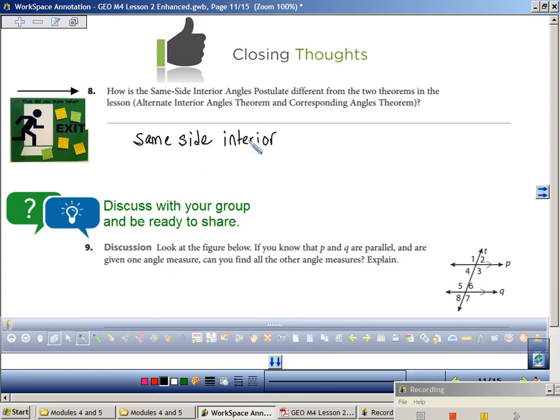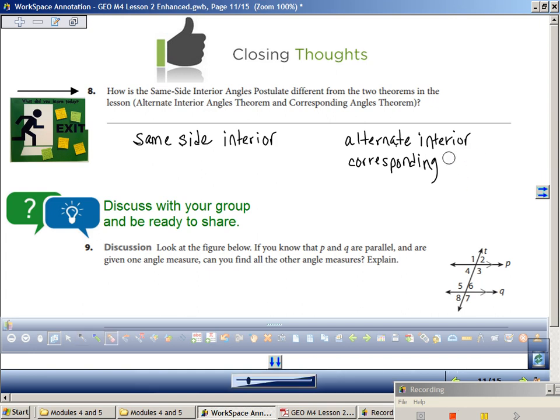Okay, so we've got alternate, same side interior, and then that's in one group, and then we have alternate interior and corresponding. So what I'm hearing you say is that this is on the same side, this is on opposite sides. But when we put the corresponding with it, that reasoning doesn't work, because corresponding is on the same side too. So how are same side interior, this is one subgroup, and alternate interior and corresponding different?